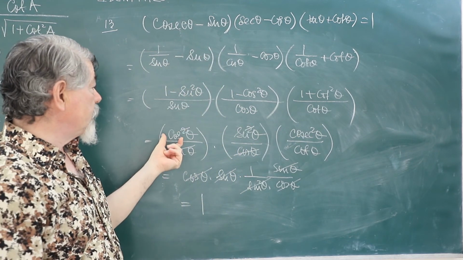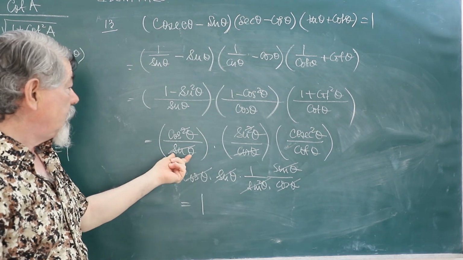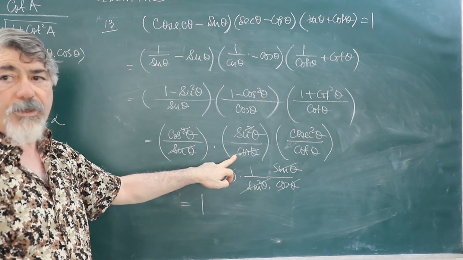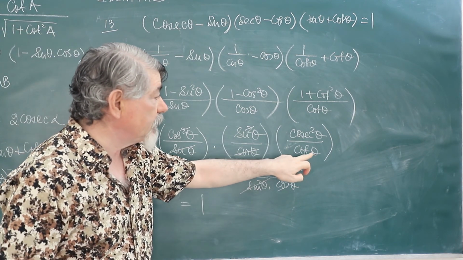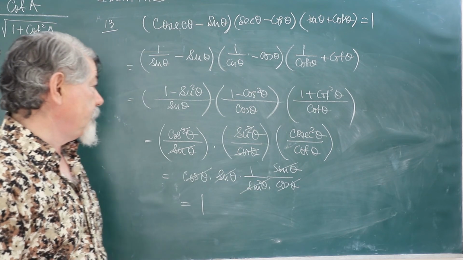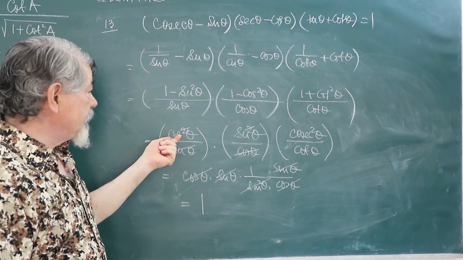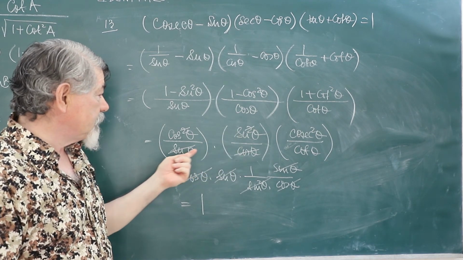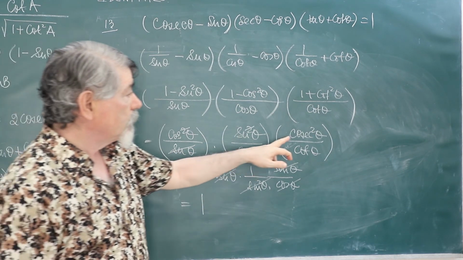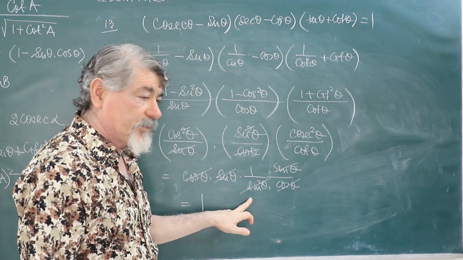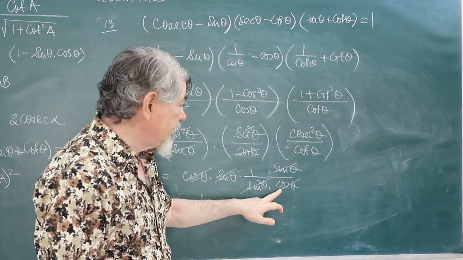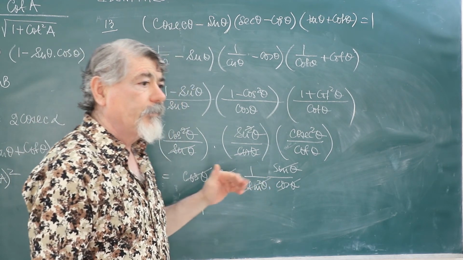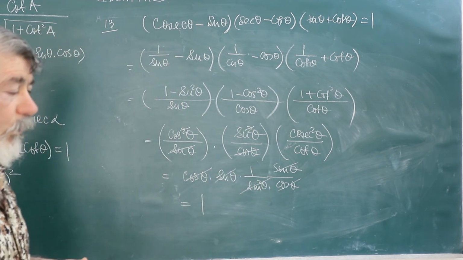And 1 minus sin square theta becomes cos square theta upon sin theta, then sin square theta upon cos theta, and cosec square theta upon cot theta. Now cos square theta is here, cos theta is there, 1 cos cancels. Sin square theta, sin theta, 1 sin cancels. Cosec square theta I have written as 1 upon sin square theta, and cot theta is cos theta upon sin theta. So the terms cancel with each other. We get the answer as 1.